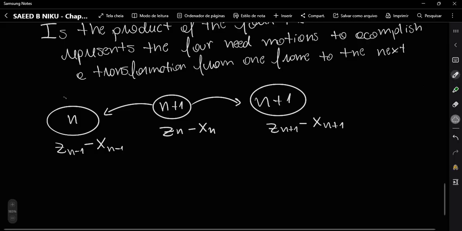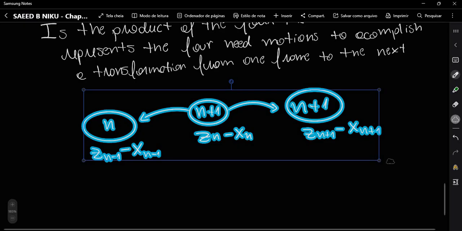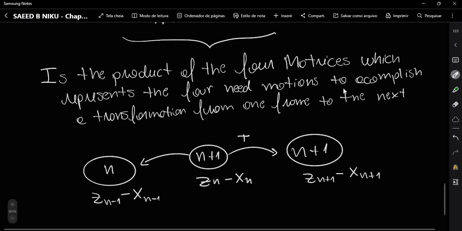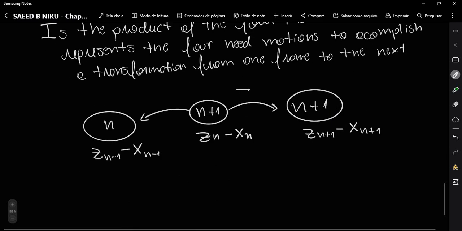Okay, we got the transformation d n plus 1.